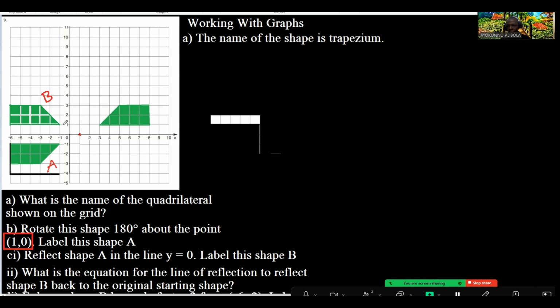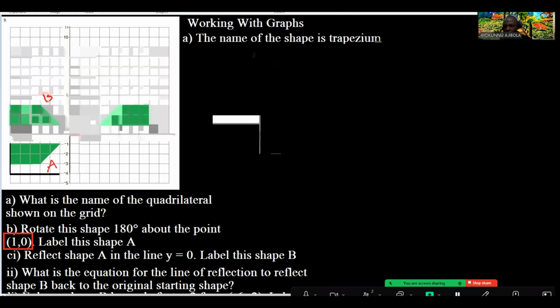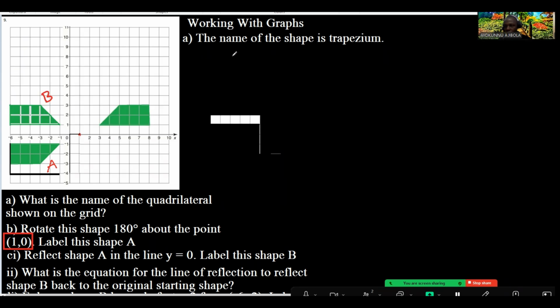Okay. Now, it's on the line y equal to 1, and the x will be 3, okay? At that spot, it's coming back to this place, and it's on the line y equals 1. So y equal 1, that's for the third question.